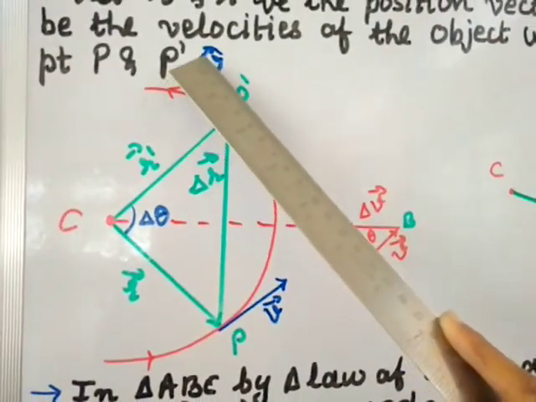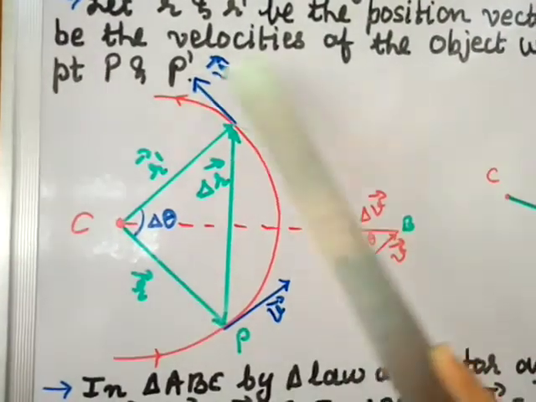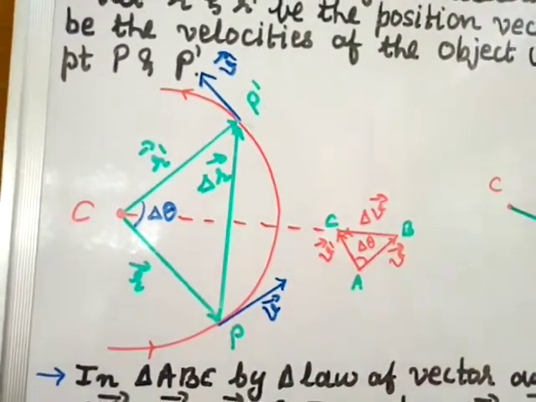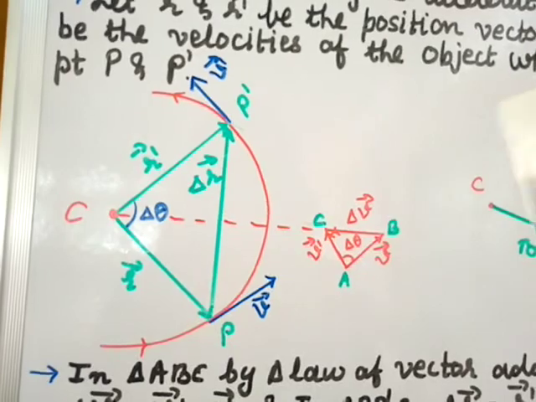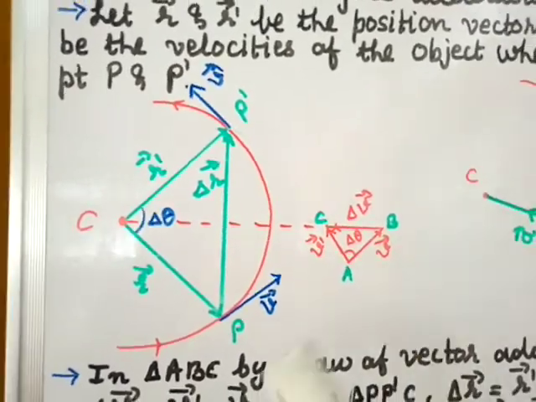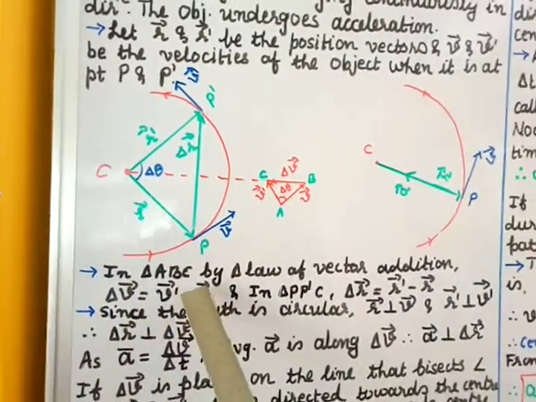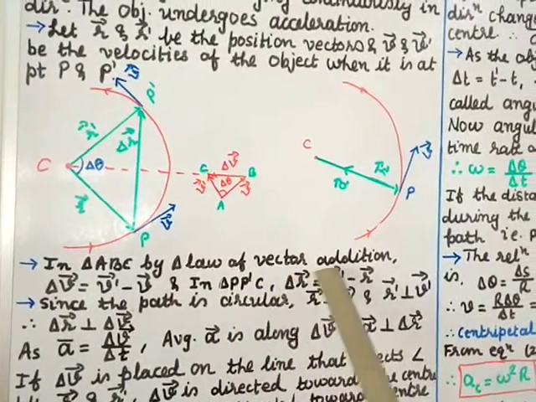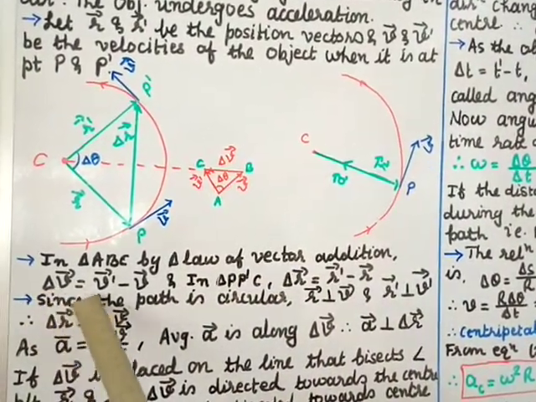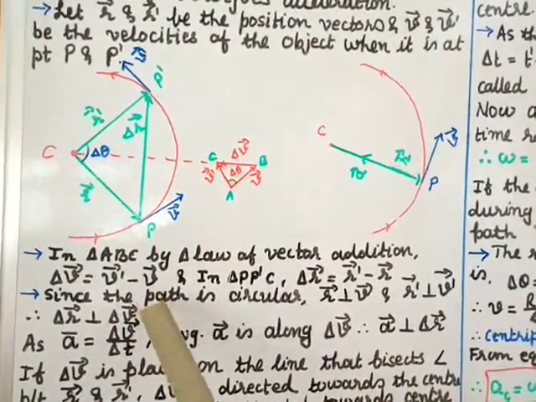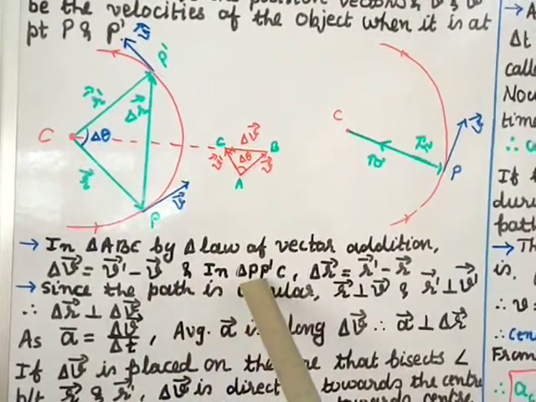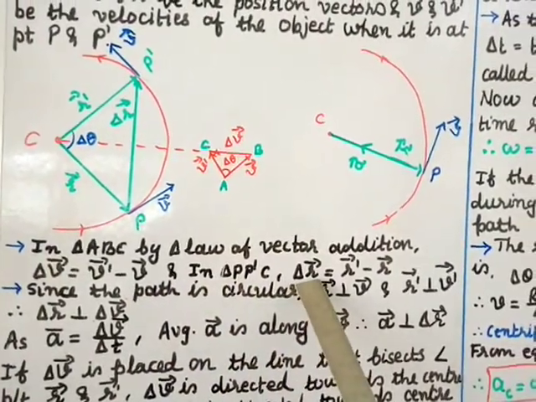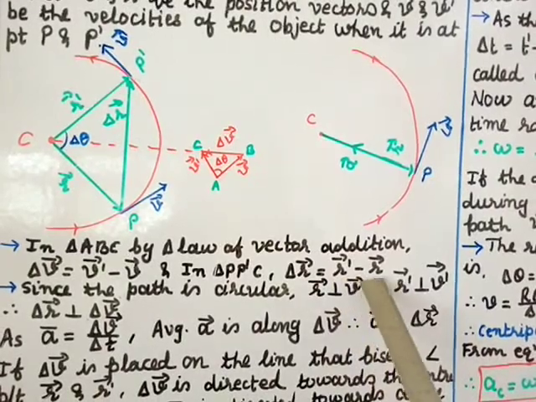Okay, this is velocity. Now this is the circular motion, and the radius of this we are considering as capital R, and the speed is v. In triangle ABC, by the triangle law of vector addition, delta v is equal to v dash minus v, and in triangle PP dash C, delta r equals r dash minus r.